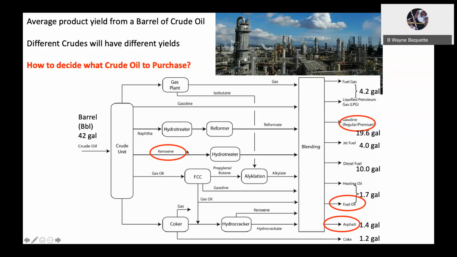So the real question is, since different crudes have different yields, that is, a heavy crude may produce less gasoline but more fuel oil and asphalt, how do you decide what mix of crudes to purchase? You may want to mix a couple of different crude oils to get a different product slate.